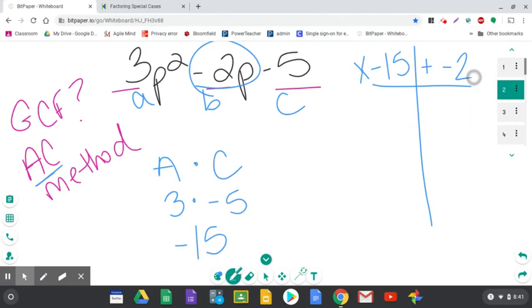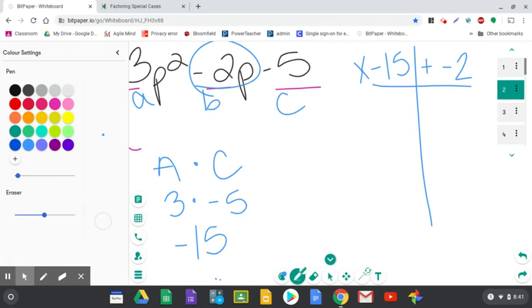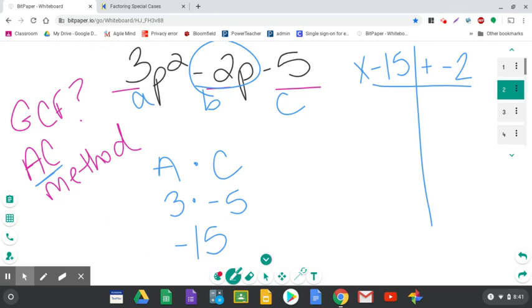So I want to add to negative 2. So I need to list out all the factors of negative 15. So I have 1 times negative 15, or negative 1 times positive 15, 3 times negative 5, or negative 3 times positive 5, right?